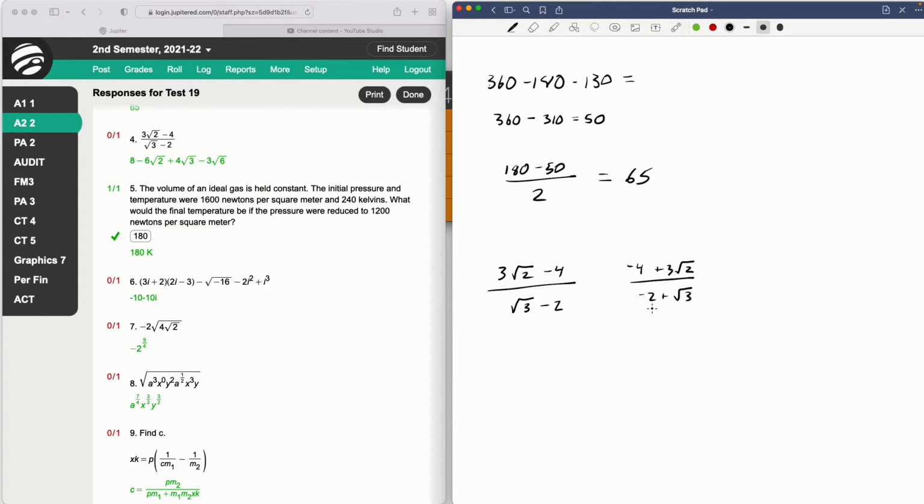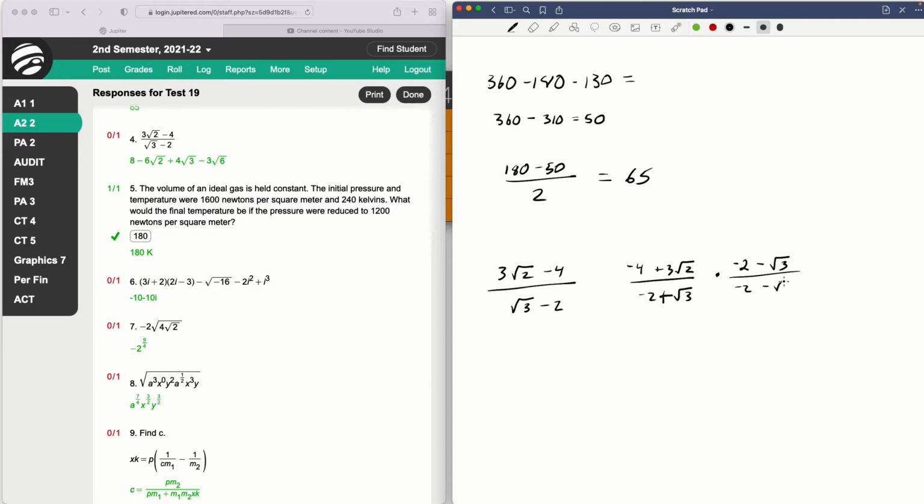So we are going to conjugate this. And that is not what they did. So anyway, we're supposed to change the signs. We're going to change the sign. So times negative 2 minus the square root of 3.